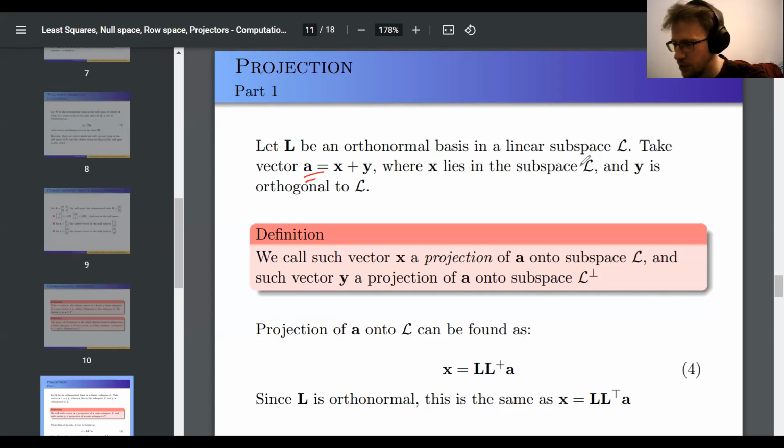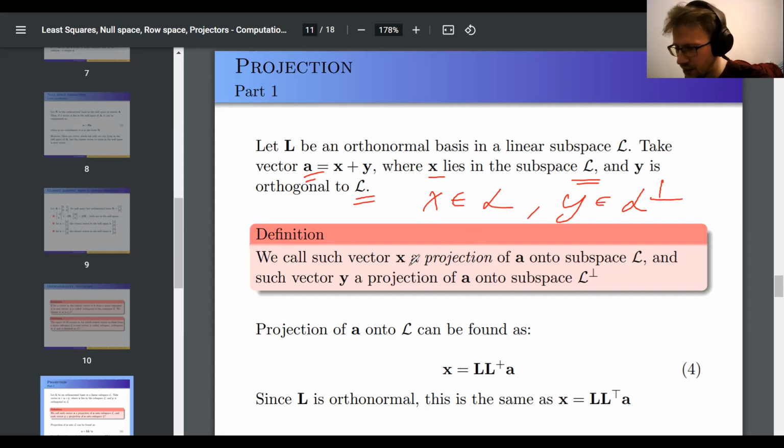Now, let's say you have vector A, and you have two elements X and Y, where X lies in the subspace L, and Y lies in the orthogonal complement to L. So X is in L, and Y is in L perp. So you have A, and it is given as a sum of two vectors. Okay, good.